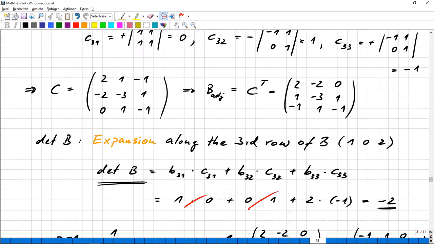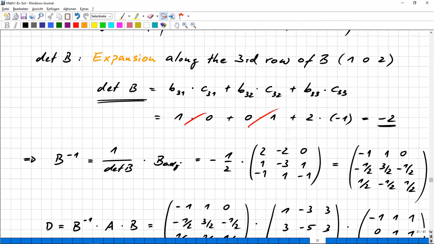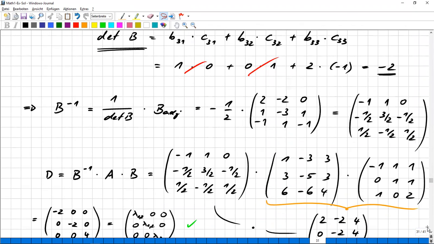In the end, by constructing the matrix B inverse, which is this one, it's plenty of work, but we've done this last time. We trained this method, and so I don't want to do it again.